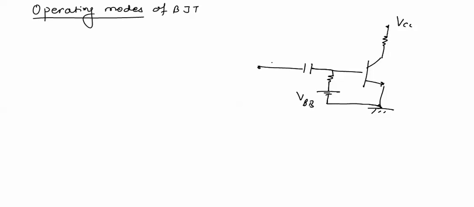If we apply a voltage here for amplification, and we take output at this terminal, then we can say that this collector terminal is output terminal, this base terminal is input terminal of the BJT, and emitter is common between base and collector terminal, so it is called common emitter mode. In this way we will define all the operating modes of BJT.